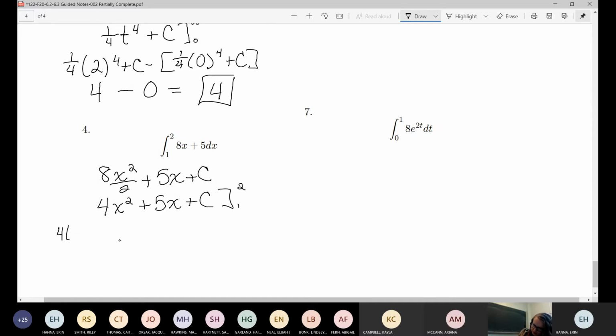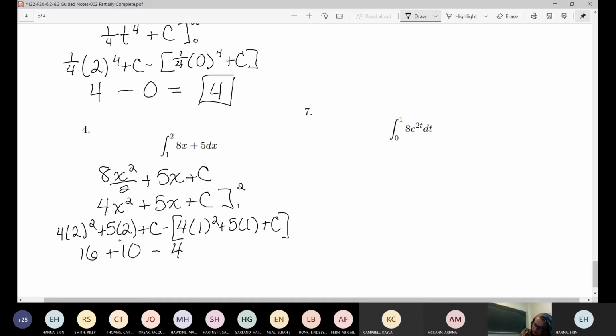So we've got 4 times 2 squared plus 5 times 2 plus c minus 4 times 1 squared plus 5 times 1 plus c. 2 squared is 4 times 4 is 16 plus 10 minus 4 minus 5. Make sure to distribute the negative whenever you have multiple terms in that last piece. So we essentially have 26 minus 9, so 17.